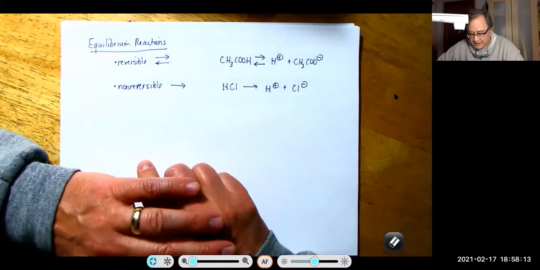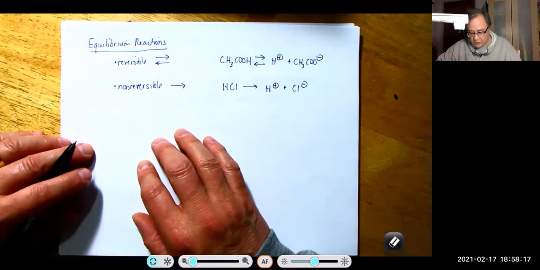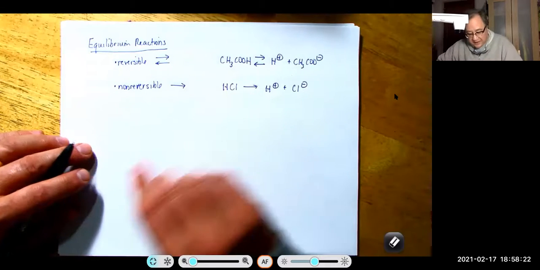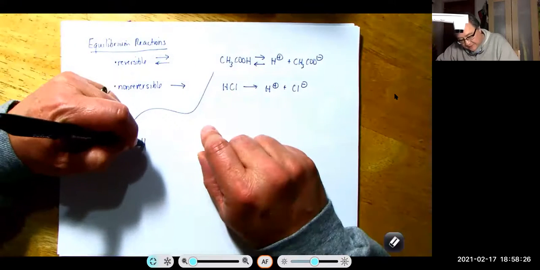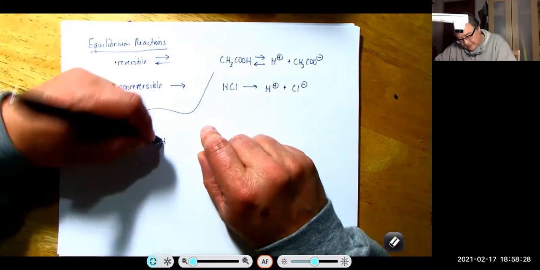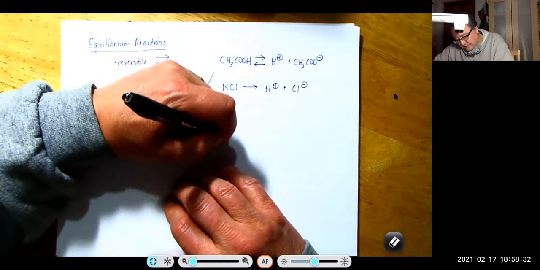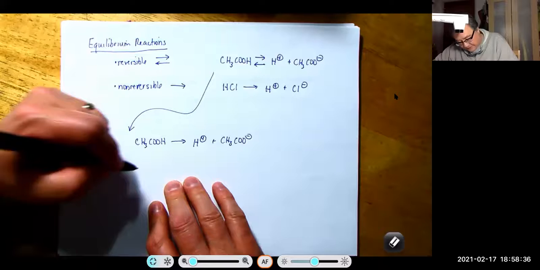Okay, now, what does a reversible reaction mean? It means that in this particular case, you have this happening, but simultaneously, you have this happening.